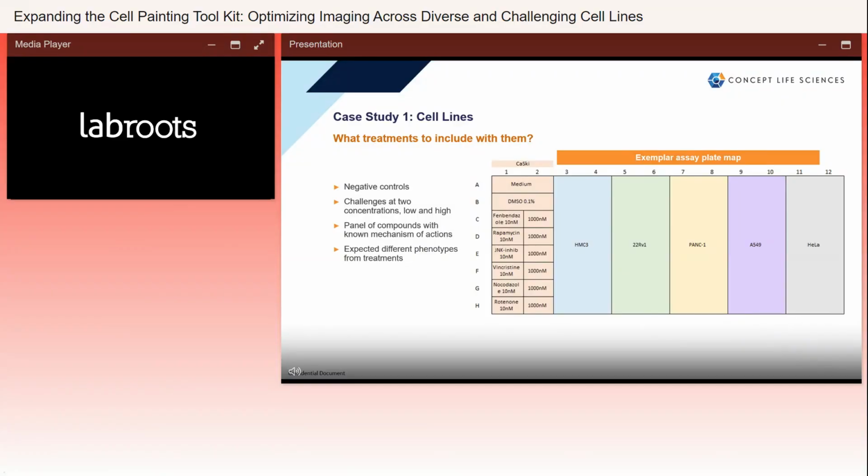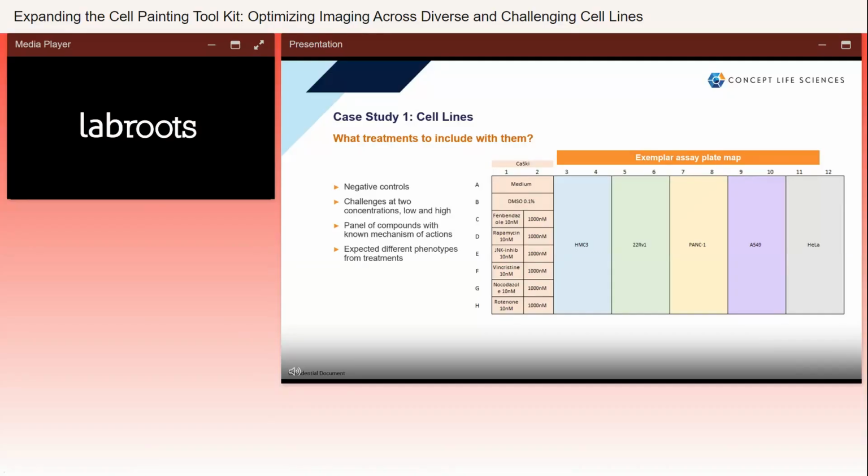And for that reason, having both a media and vehicle condition was essential to be able to have an unperturbed phenotype. It was also an important consideration, as if imaging the baseline phenotype proved difficult, it would inform that there would probably be significant modifications required to image other conditions, or even that the cells themselves just didn't fit with the cell painting procedure.